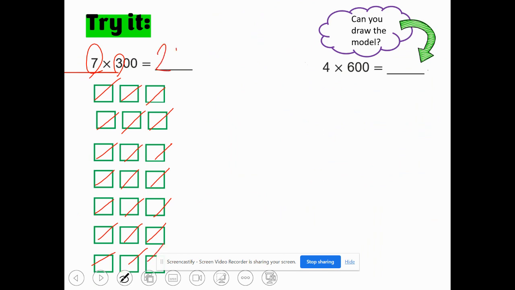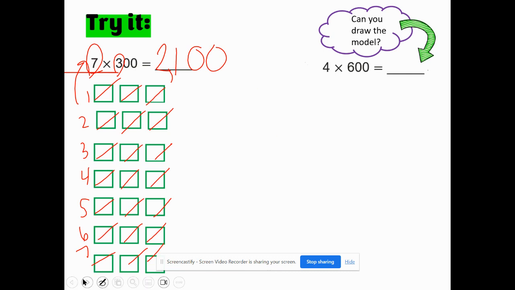So I have 21, right? Remember, this is my 7 groups of 300. So I have 21, but remember I'm doing hundreds. So it's not just 21, it would be 2,100. That would be my answer.